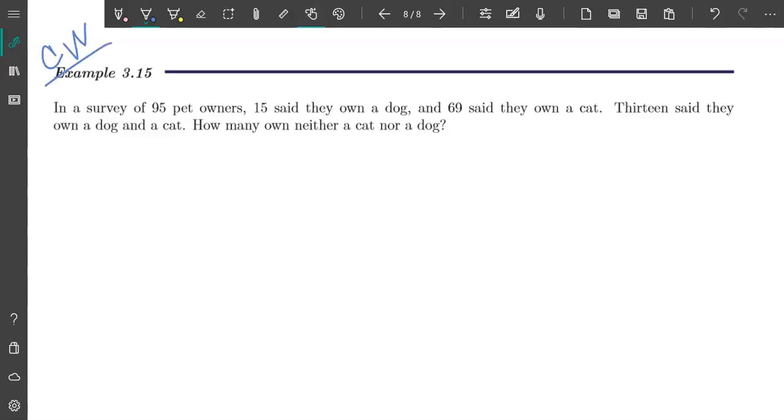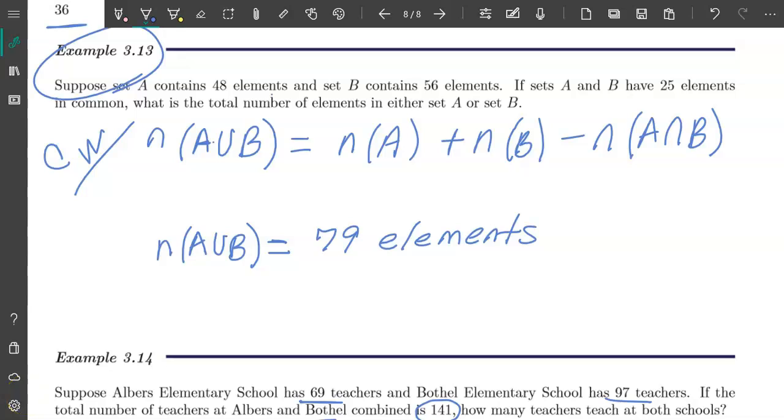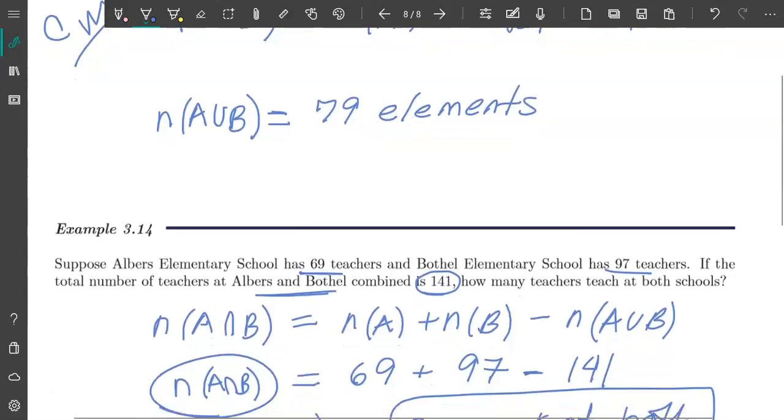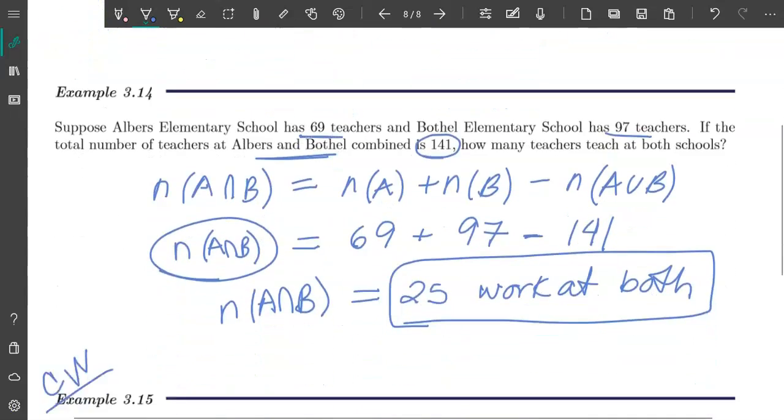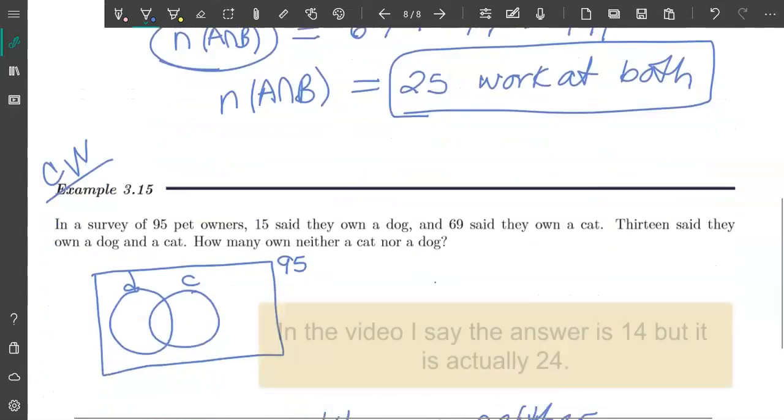And I'll put the answers up momentarily, so you can just pause the video, do them right now, and I'll put the answer on. Here's the answer to example 3.13 that I wanted you to do for classwork. 79 elements is the union. That was our example that we did.